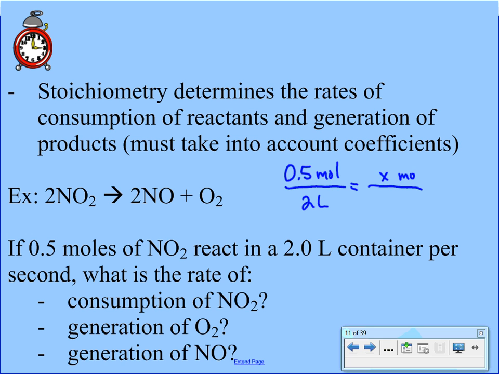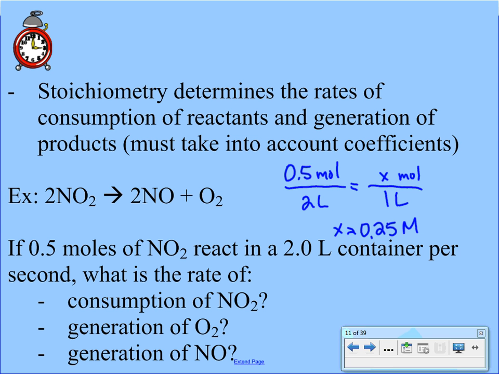So how many moles would we have in a 1-liter container in order to turn this into molarity? Now, that means that the NO2 changes in molarity by 0.25 molar per second.